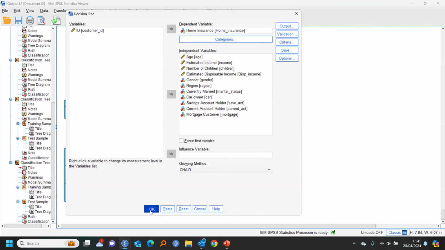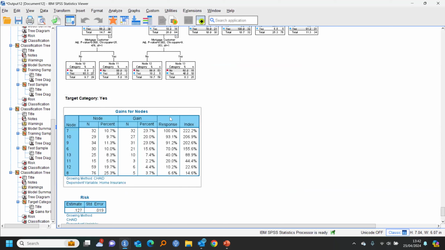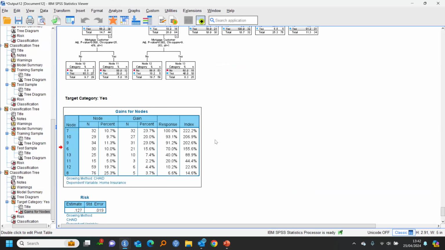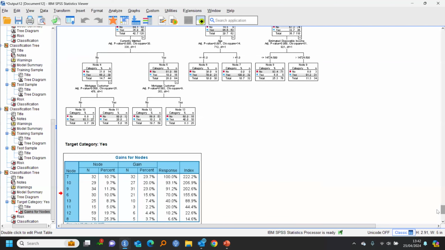If I click OK at that point and run that, here's our tree again. And you can see you're getting this extra table here. This is called a gains table. And the gains table is basically listing which are the best nodes for predicting the yes group.